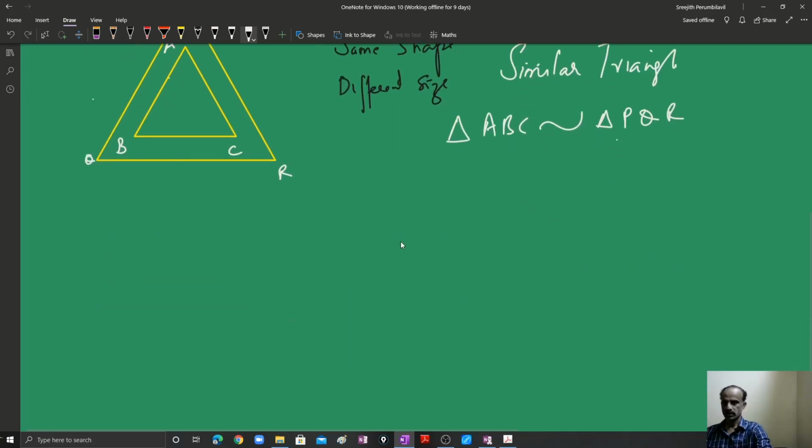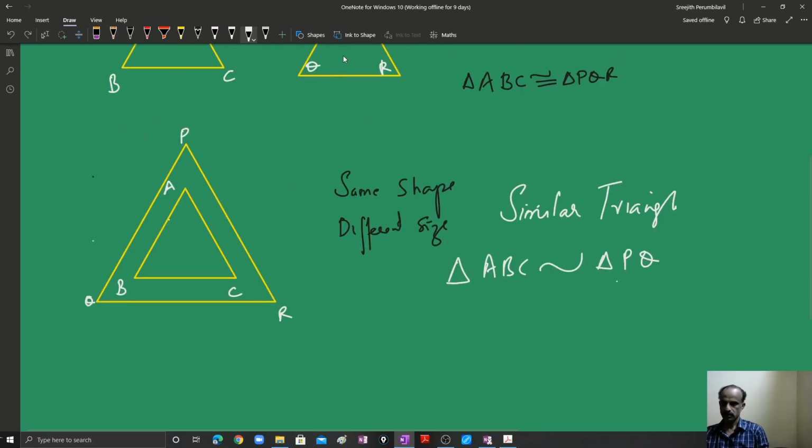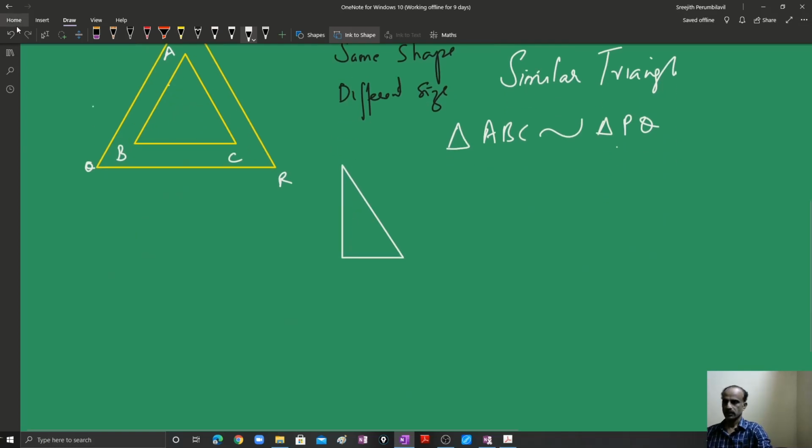Now we have to come back to this. Before that, let me put up one more figure. I'll draw one right triangle here, and I'll put one more right triangle.